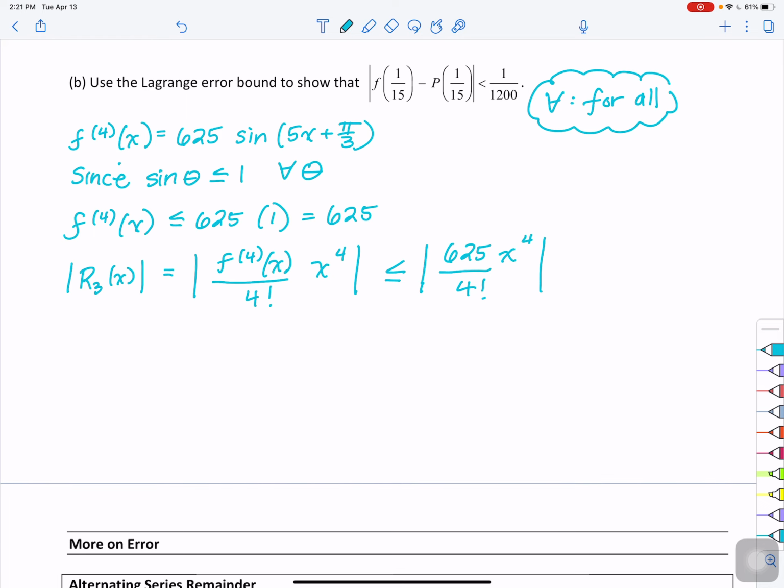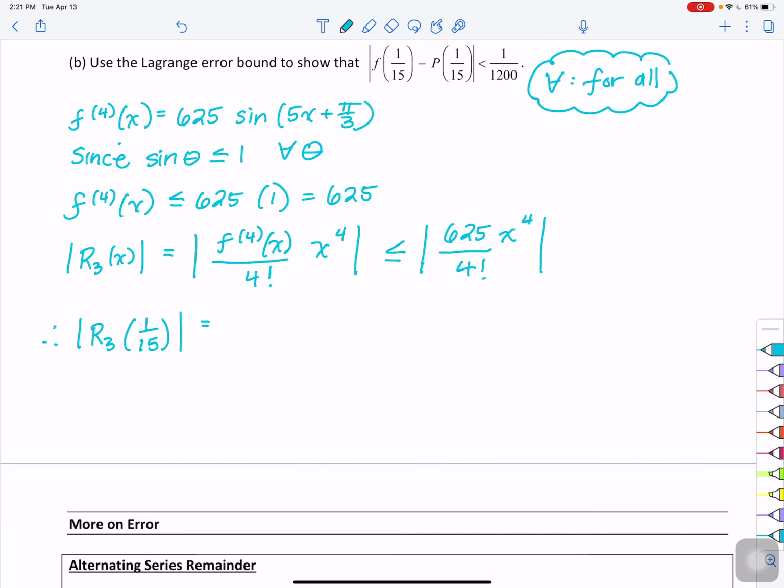Okay? So what could we say? Therefore, the absolute value of the remainder at 1/15, that means the remainder after approximating with a third degree Taylor polynomial evaluated at 1/15, is equal to the fourth derivative evaluated at 1/15 times 1/15 to the fourth power all over 4 factorial.